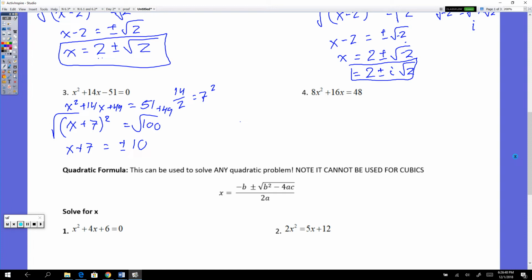So notice we have a whole number here. So we're going to subtract 7 over from here, but we're not just going to leave our answer like this, right? We need to actually work this out. So we're saying negative 7 plus 10, that's going to equal 3, and then we have negative 7 minus 10, which equals negative 17. So notice our answers actually came out to be pretty nice whole numbers here.